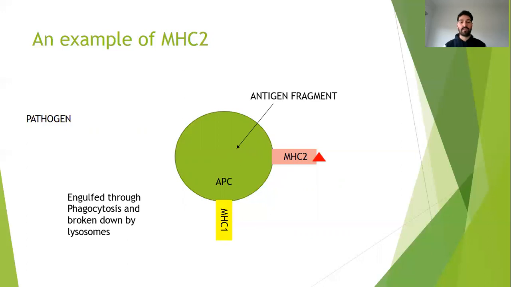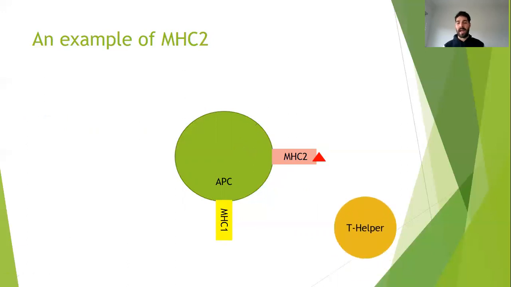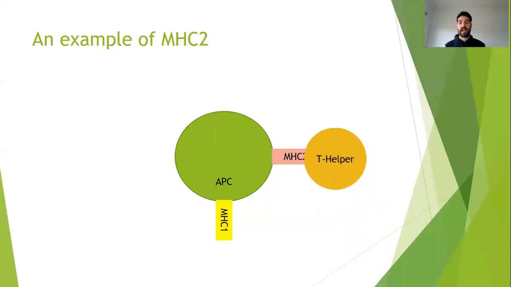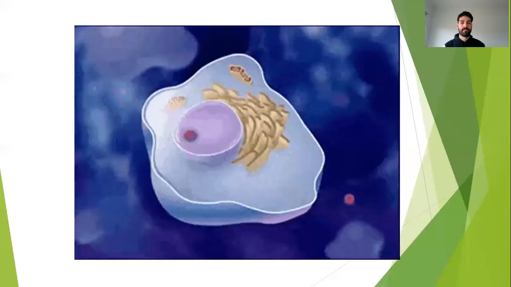You can see that this cell still has MHC1, which would be used to show off its self antigens, but the MHC2 fragment is now showing, hey, there's something around that isn't meant to be here. That's going to go and activate a T helper cell, and the T helper cell then is going to initiate a wide range of things that activate other relevant cells in the immune system. So again, MHC2 is for when they've engulfed something, to go and activate T helper cells.